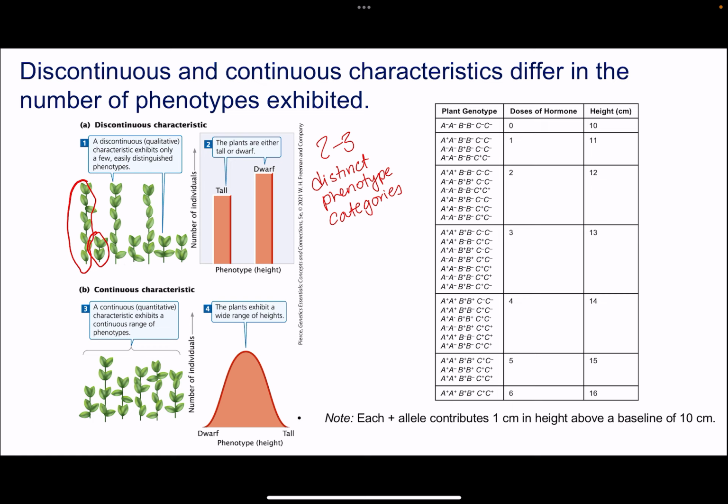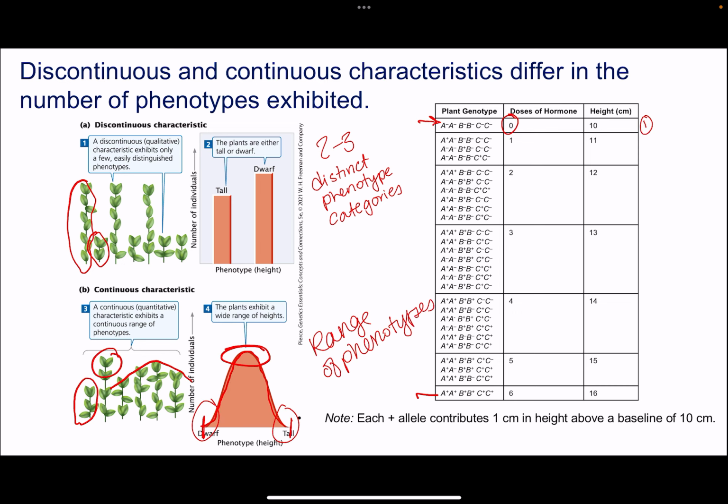Over here on the right, we see an example of how the number of genes involved might affect our phenotype. For example, if we have all recessive, we get no doses of hormone, and this gives one specific phenotype. If we have all dominant or all wild type, we have the full dose of all 6 genes, and so we get another distinct phenotype.